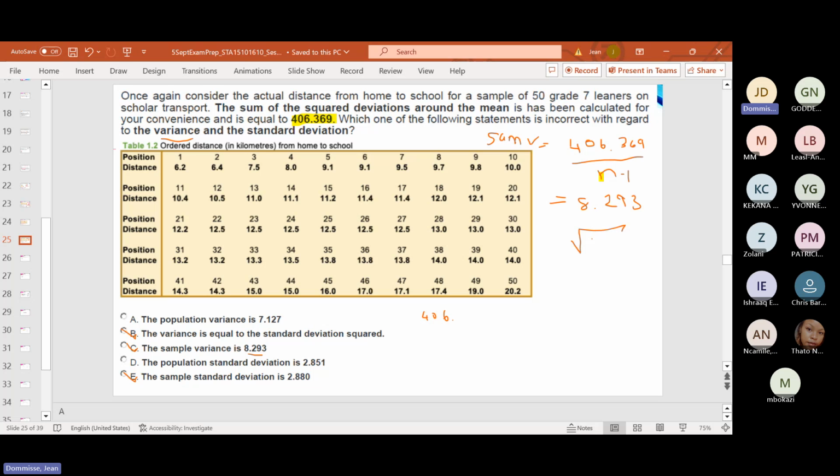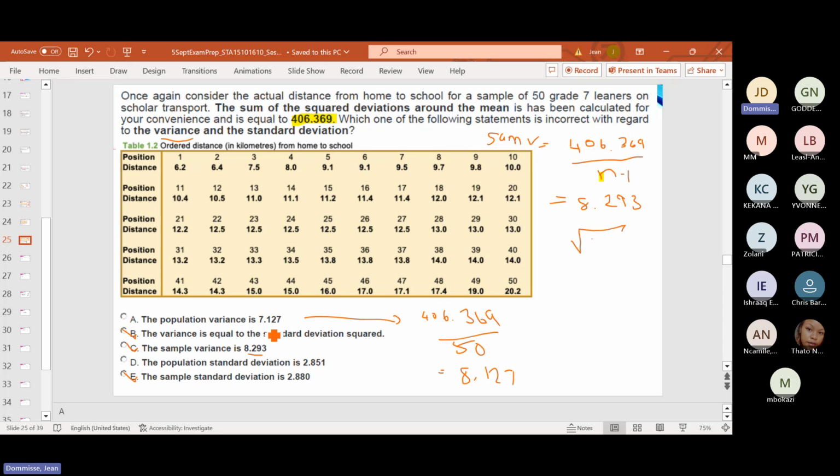So 406.369 divided by 50 is equal to 8.127. Okay, and that tells me that here they made a mistake.